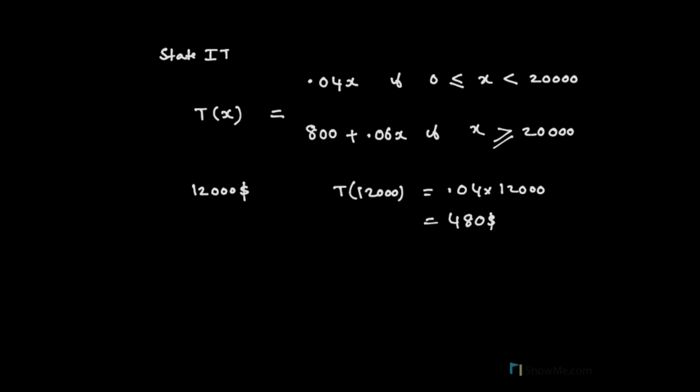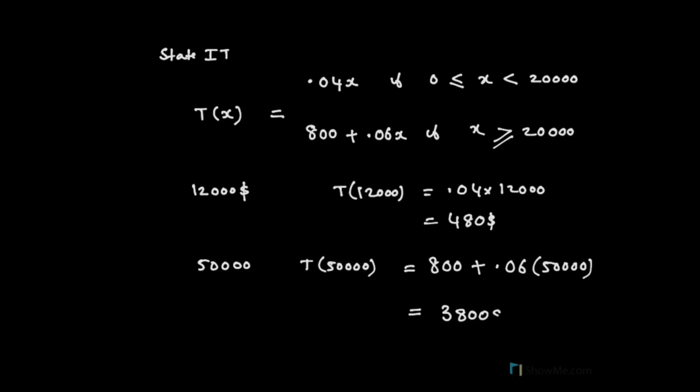On the other hand, suppose your income was 50,000. Then the total tax for 50,000 would be 800 plus 0.06 into 50,000. So your total liability will be $3,800.